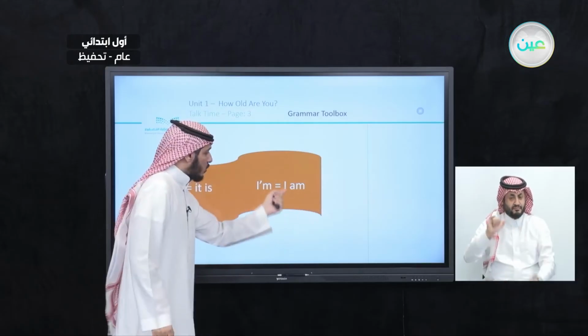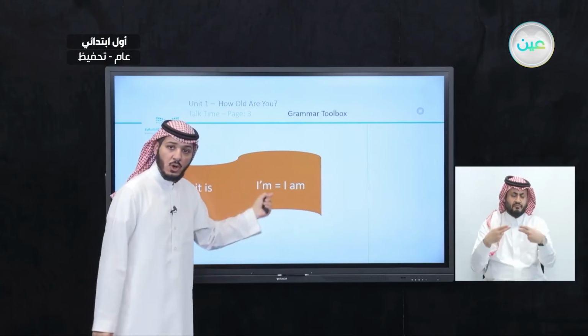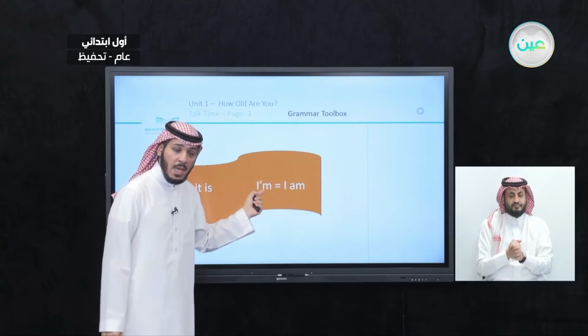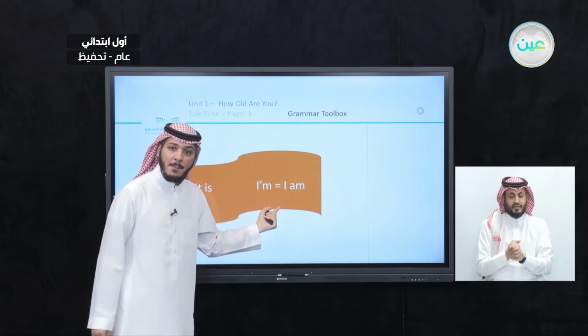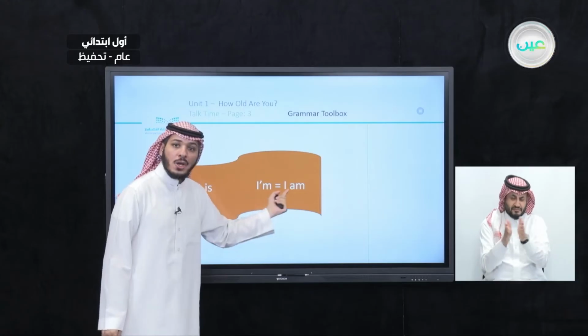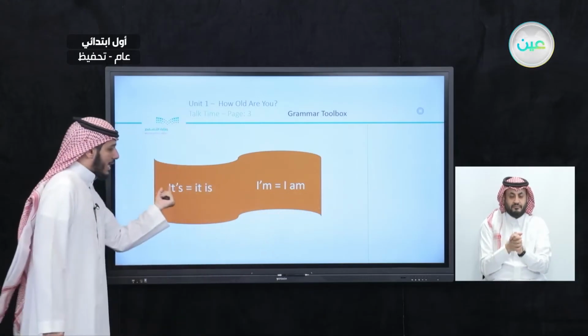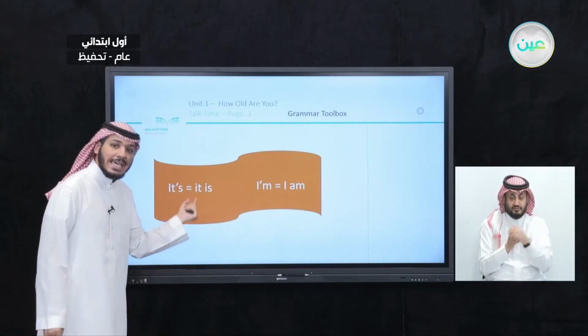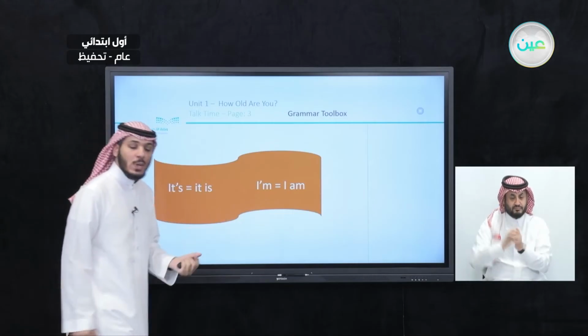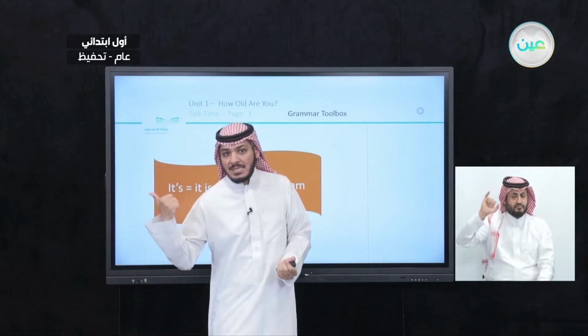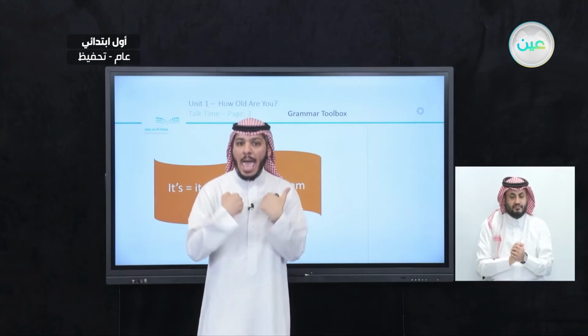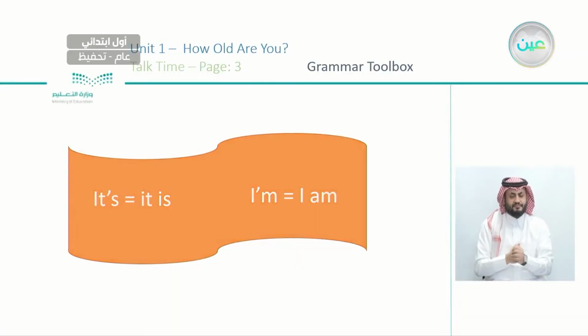So you can use the abbreviation here. You can use the apostrophe between I and am. Also here, it's, or you can say it is. So it is or it's. I am or I'm. Okay, excellent.